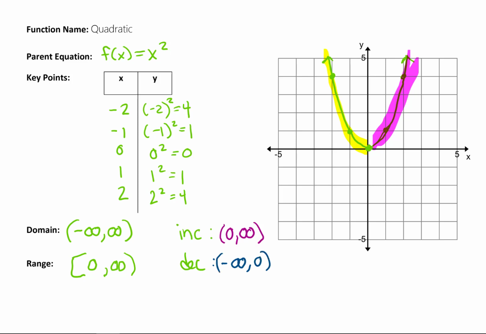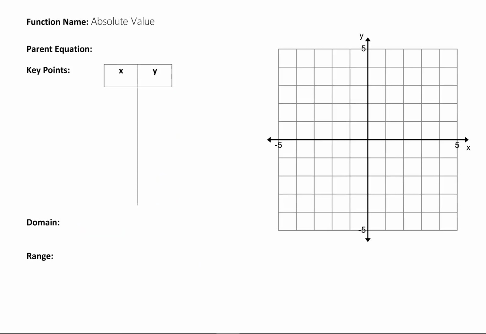Remember, increasing and decreasing always has round parentheses. We could also ask end behavior. So the limit as x approaches -infinity of f of x is +infinity. The y values are going up on the left-hand side, and the limit as x approaches +infinity of f of x is equal to +infinity.